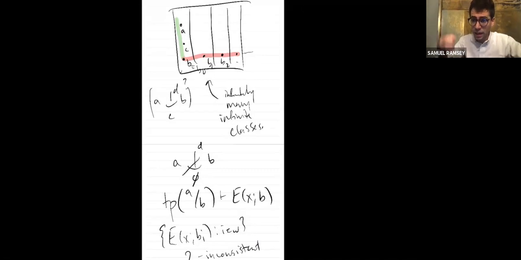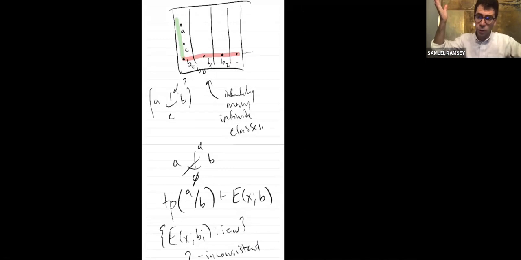And what does the type of A over B say? It says I'm in the same class as B and I am distinct from B. So all I have to do is find some element which is in the same class as B and not equal to any of these elements. And that I can do by compactness because the class is infinite. Does that make sense?